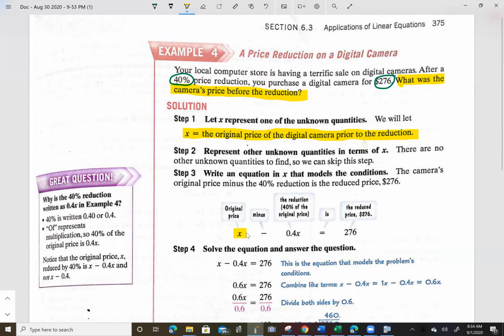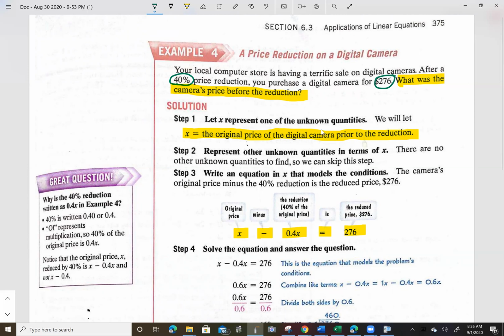Writing an equation, we take the original price, which is X, and we subtract 40% of that original price, and that is equal to our new reduced price. Follow along below how they solve that. I will also show you a different way to set it up.